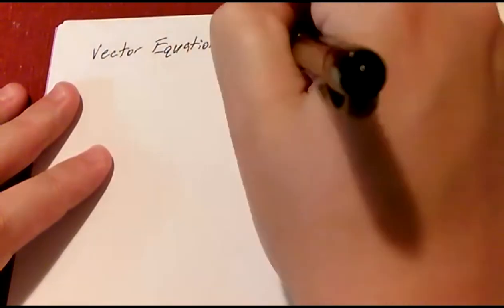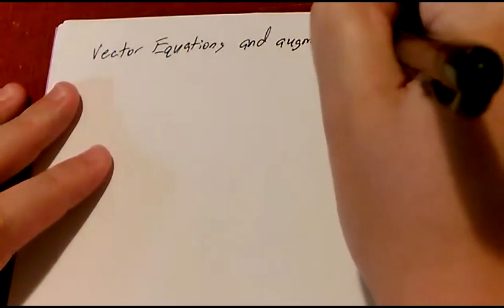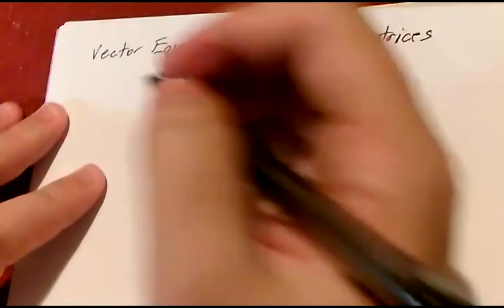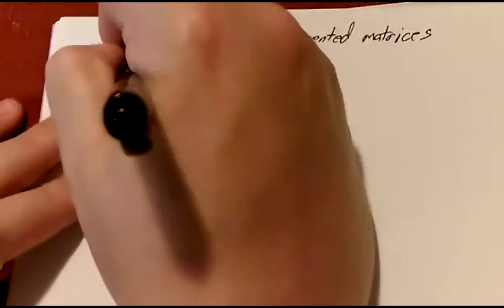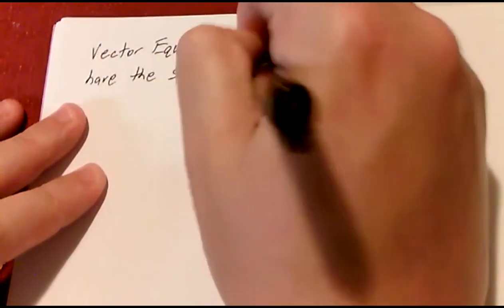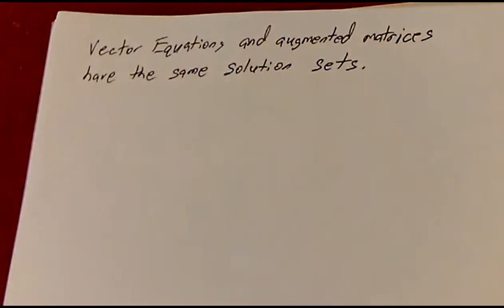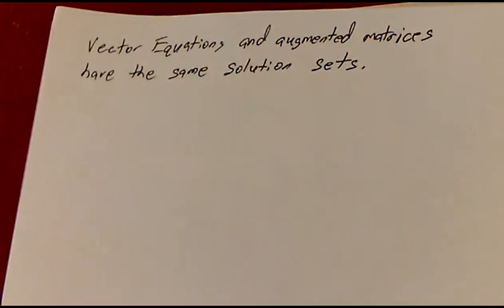Vector equations and augmented matrices have the same solution set. So you can go back and forth between the vector equation and the augmented matrix.